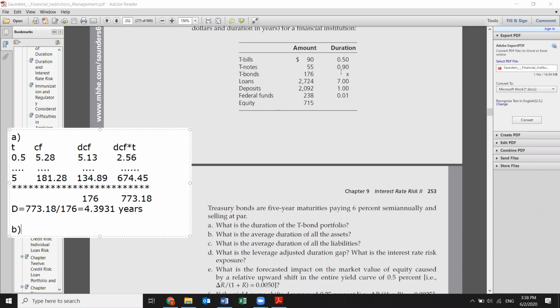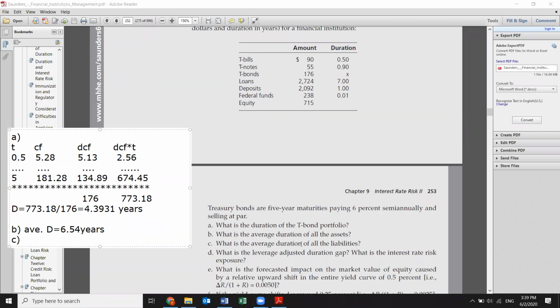You can just substitute, you know how to do it: 90 times 0.5, 55 times 0.90, 4.3931 years times 176, and so on. You continue. So the average duration is equal to 6.54 years.